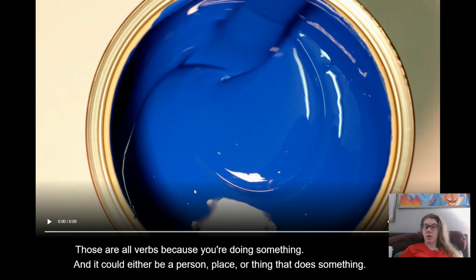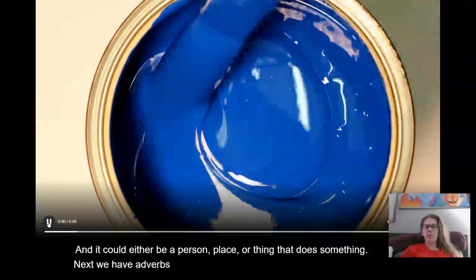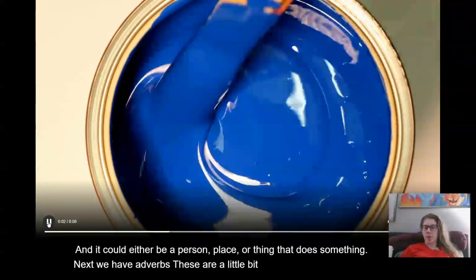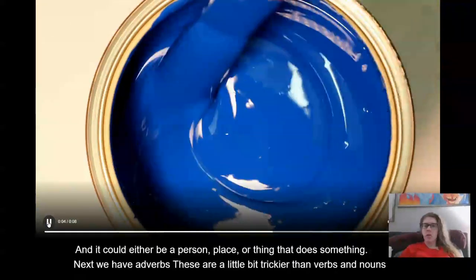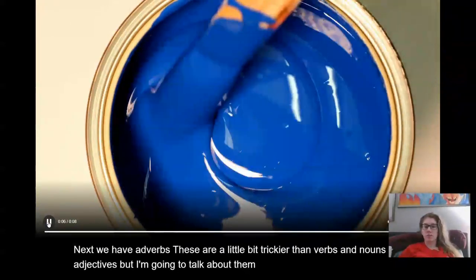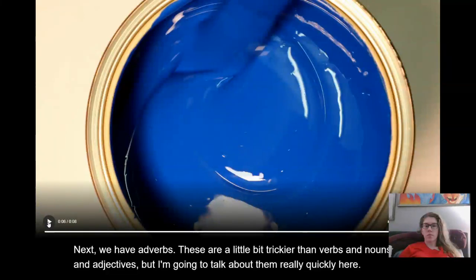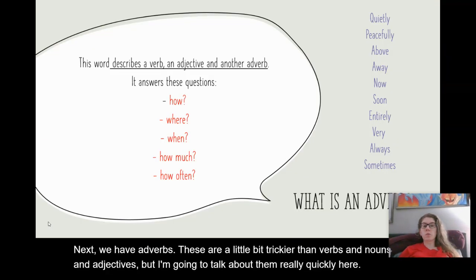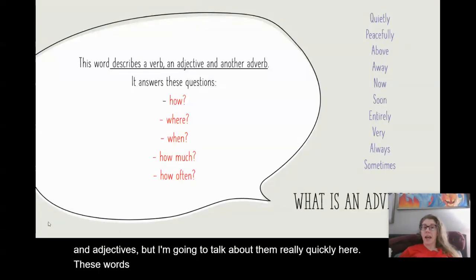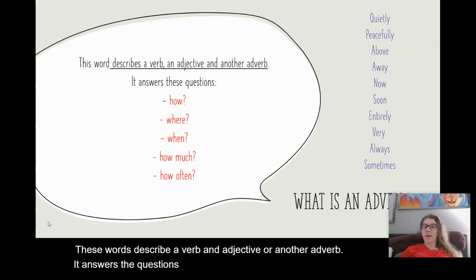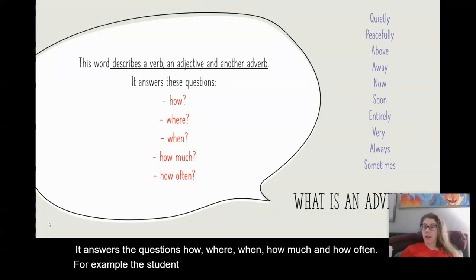Next, we have adverbs. These are a little bit trickier than verbs and nouns and adjectives, but I'm going to talk about them really quickly here. These words describe a verb, an adjective, or another adverb. It answers the questions how, where, when, how much, and how often. For example, the students were studying.